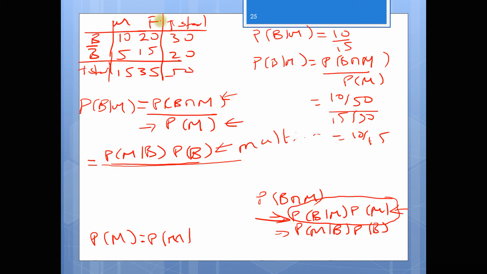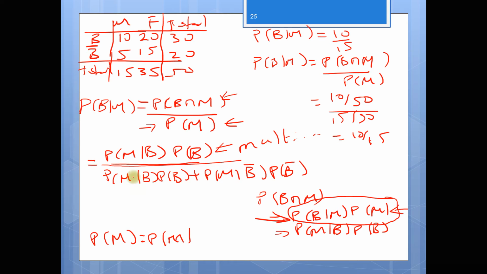A1 is not F anymore, but it's going to be B, and A2 is B dash. So it's going to be equal to probability of M given B times the probability of B, plus probability of M given B dash times the probability of B dash.